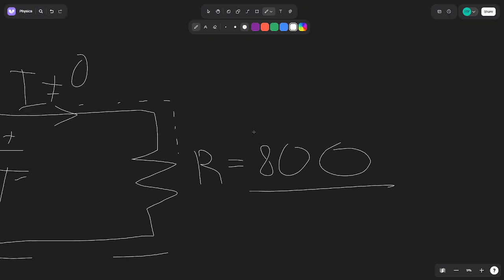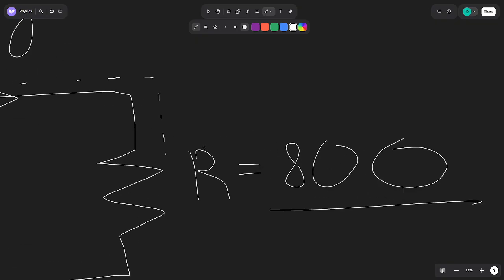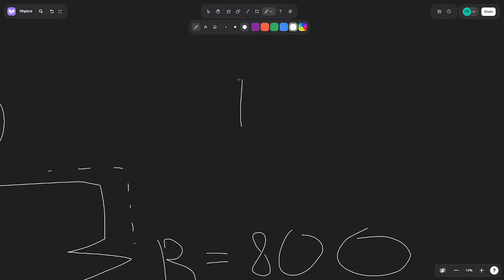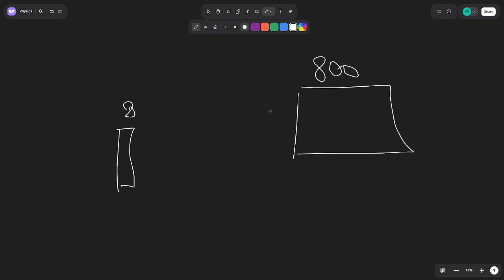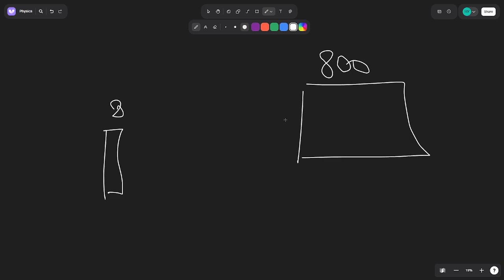So bigger resistance, larger resistance, doesn't matter, means more time to push all the electricity through it, because here is the wall of 8 ohms, and here's the wall of 800 ohms. And you are punching it.